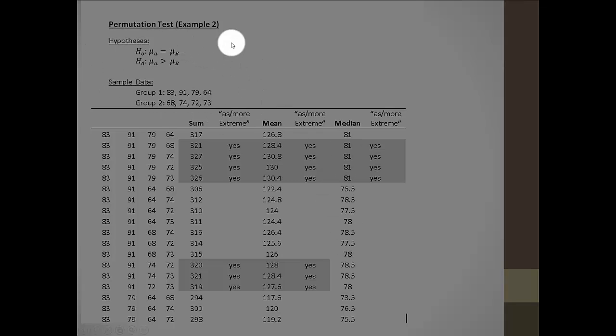Well, with these specific hypotheses, we're really looking at these columns here, but what I do want to stress with permutation testing is it's sort of a plug in the statistic technique.